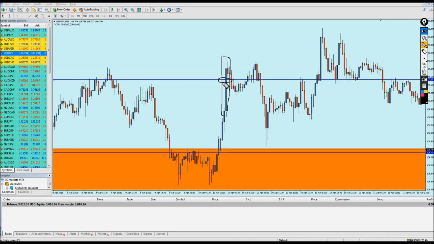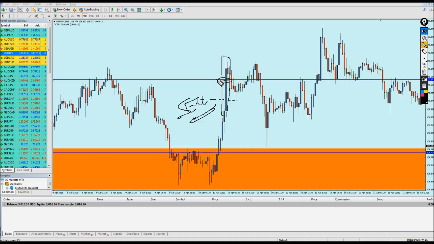Don't trade more. Don't try to sell anymore. Of course, I was talking about the sell option. So the stop loss will be this point here.